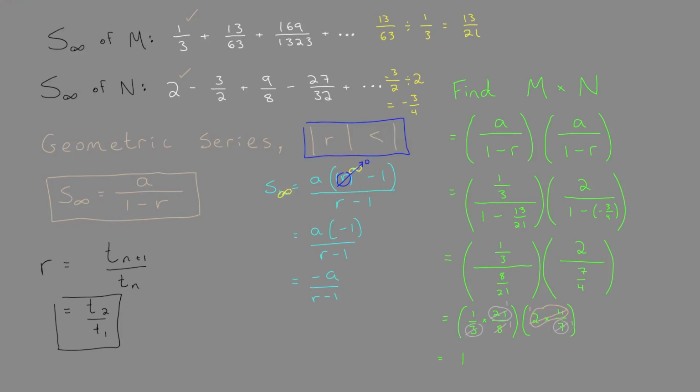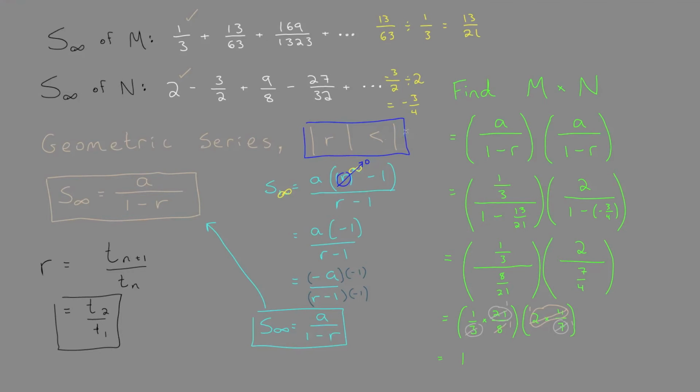If we multiply the top and the bottom by negative 1, then the signs will be reversed. We'll get positive a over negative r plus 1, or 1 minus r. And so this is how we get the sum to infinity equation.